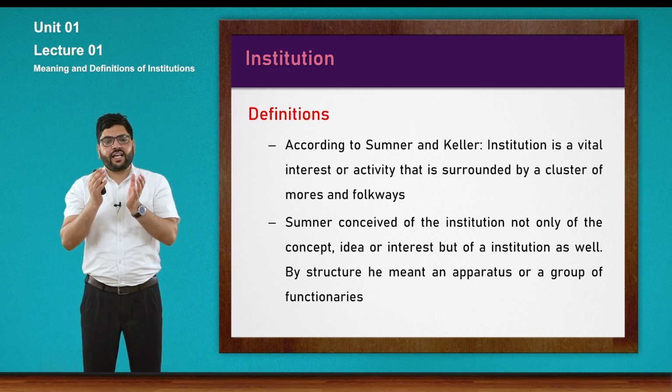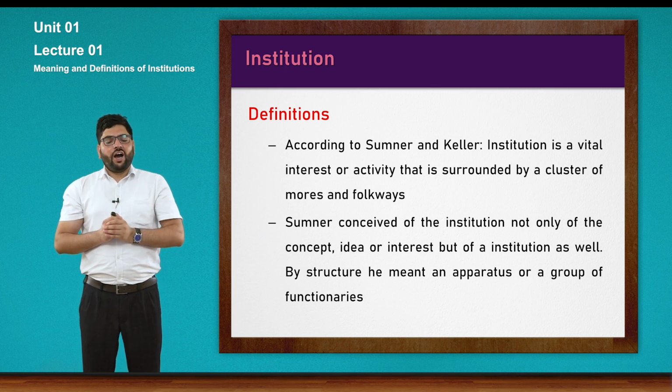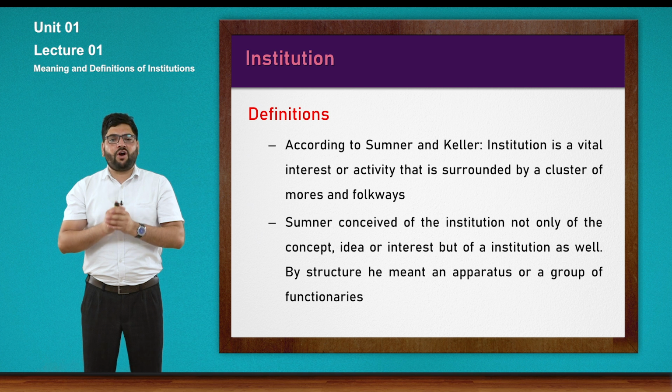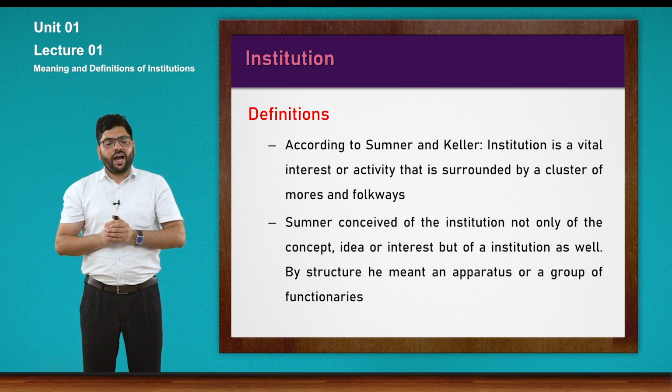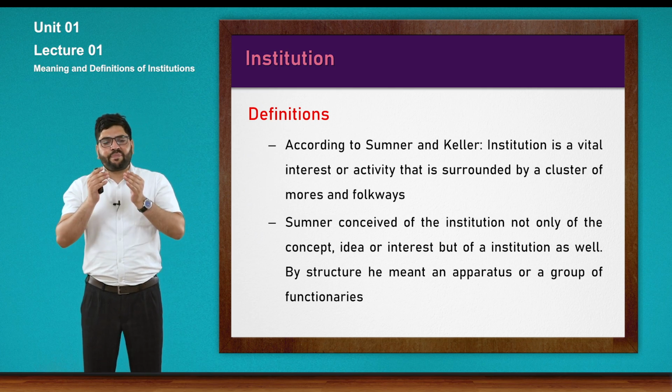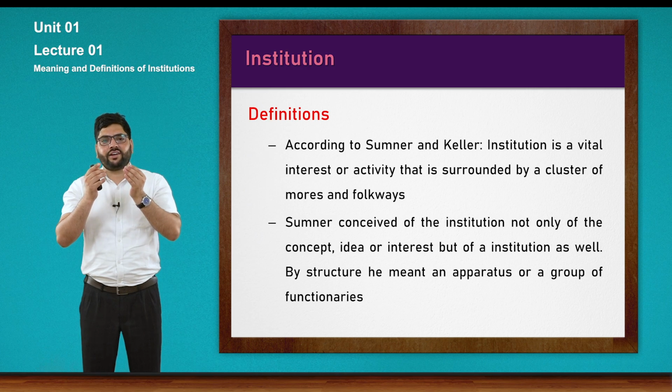Surrounded by a cluster of mores and folkways. Also, Sumner conceived of it not only as a concept, idea, or interest, but as a structure as well. So, by structure, he meant an apparatus of a group of functionaries.